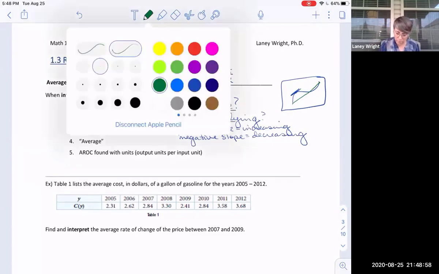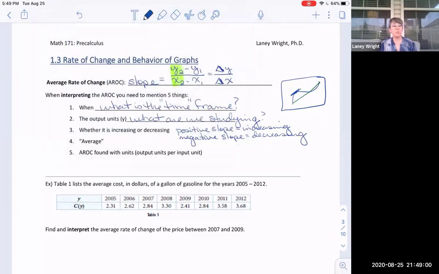So average is good. And then the fifth thing is be sure that you give us the average rate of change, the actual slope value with its units. Output units per input units. So think of it like this, you have the change in Y value over the change in X value.